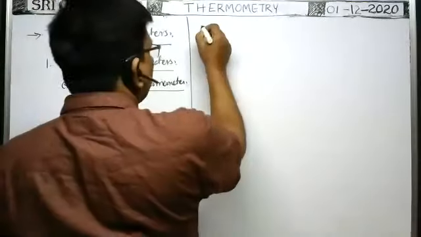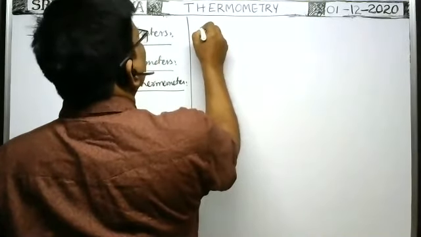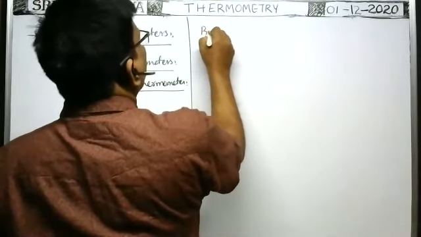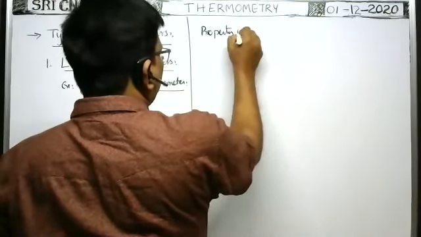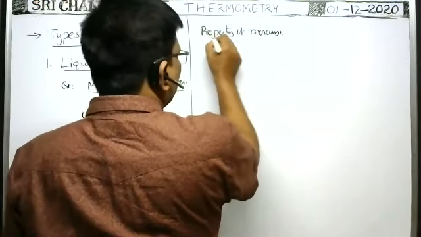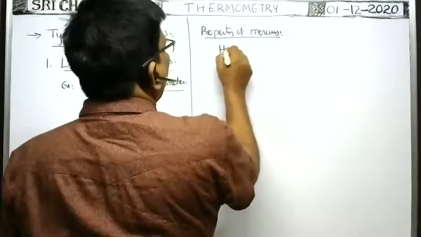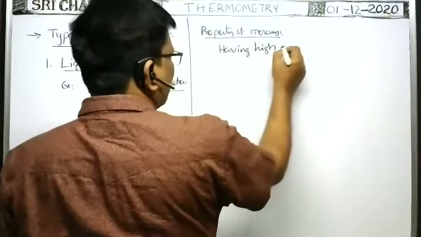So why do they prefer the mercury? Because of the characteristic properties of mercury. It has high thermal conductivity.